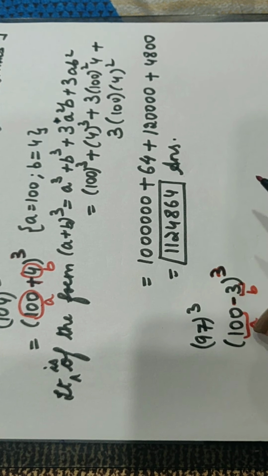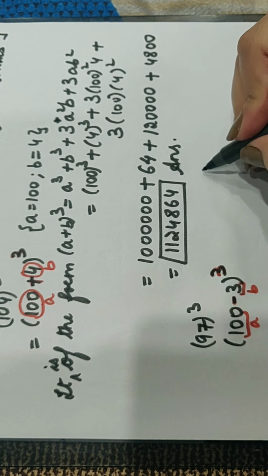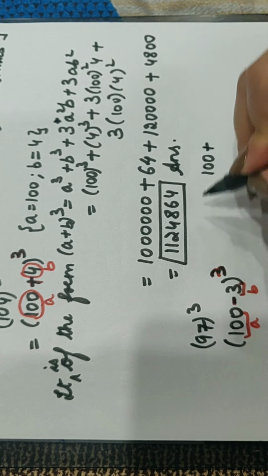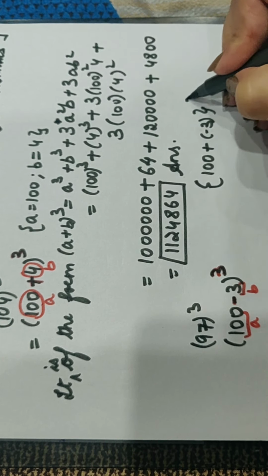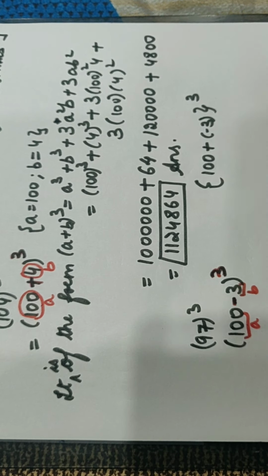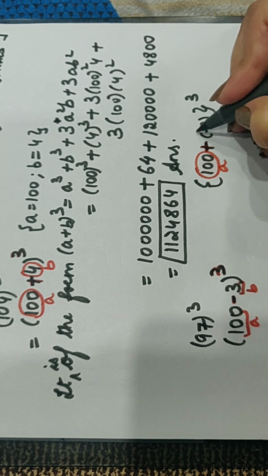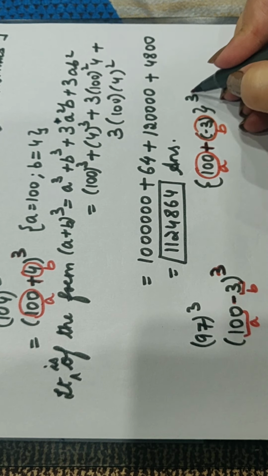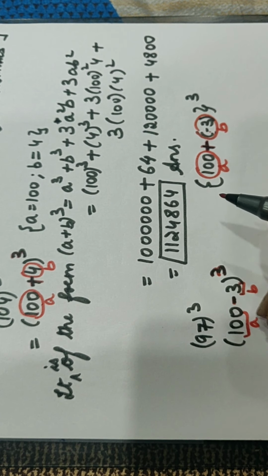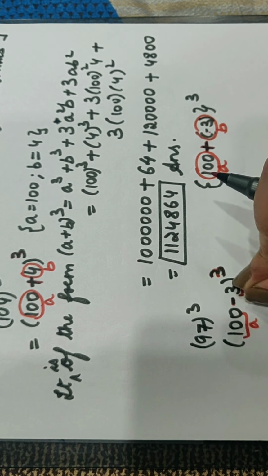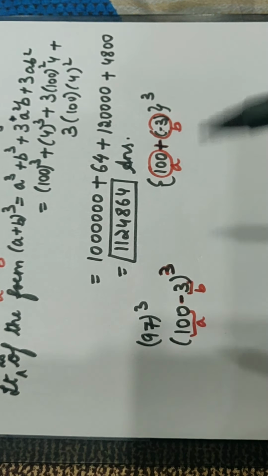You can also use (a plus b) whole cube in case you write it as 100 plus minus 3, where a is 100 and b is minus 3. But now I'll be using a as 100 and b as 3, so I'll be using (a minus b) whole cube here. You can also use plus.